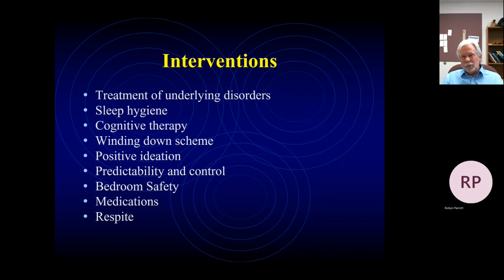And I'll talk a little bit about one form of cognitive therapy, but cognitive therapy is basically trying to address harmful beliefs and replace them with truths that are a little more helpful than the pessimistic or anxiety-provoking ones that they may have.